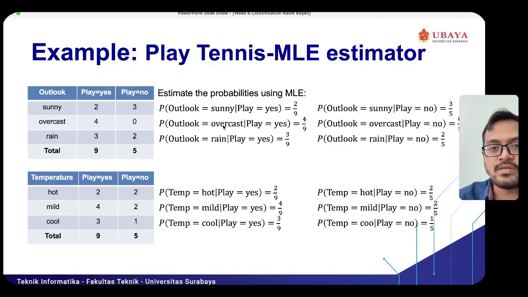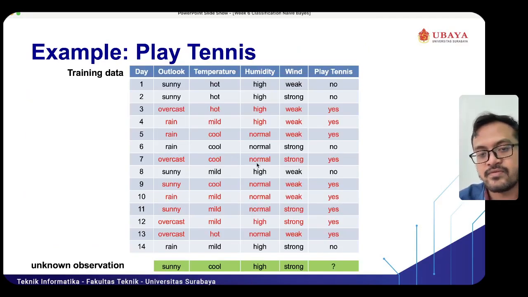And we also calculate the MLE estimator for the other features, like the temperature condition: hot, mild, and cool, right? It is similar to our previous explanation. So we calculate the number where the temperature equals hot and playing equals yes, it will be 2. Hot and playing equals no, it will be 2. We can just look at our previous slide here.